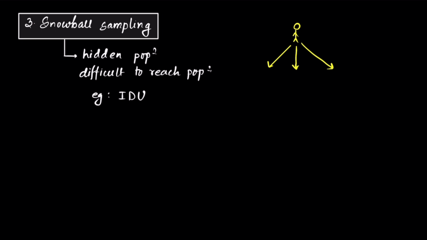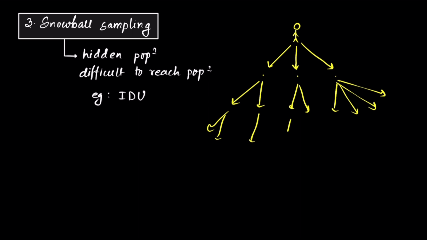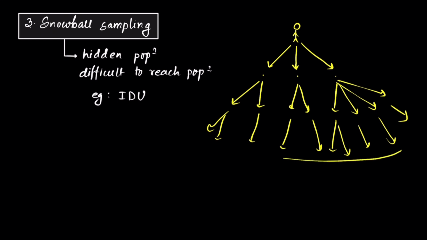The other participants further find other friends who also take injectable drugs. Then these participants also help to find other people who also take injectable drugs. And that's how the researcher finds a sample that is big enough for his research.